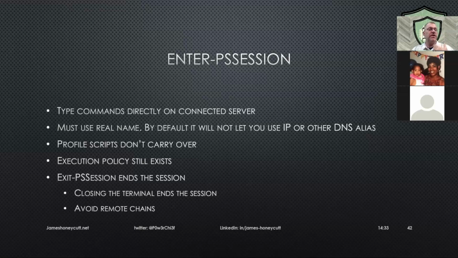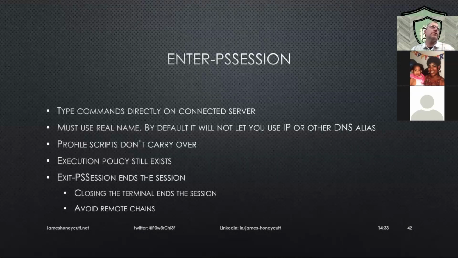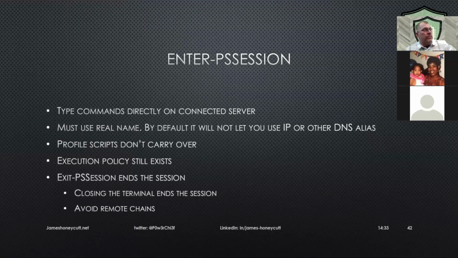Some key things to remember from this slide is, by default, it's Windows. Actually, I don't even know if that's a true statement anymore. Earlier, before 7, you could not use the IP address for remoting. You always had to use the host name, and it had to be the real host name. However, through SSH remoting, I was able to use the IP address with no problem.